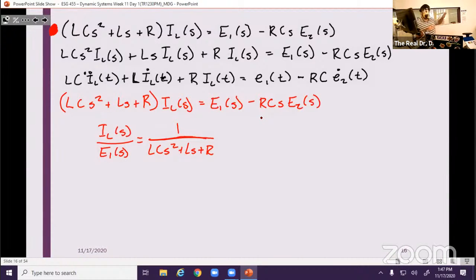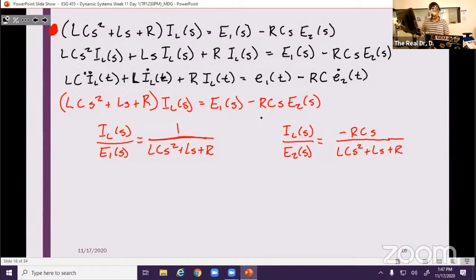Now, if I hold E1 as 0, I can find IL of S over E2 of S, which is negative RCS over LCS squared plus LS plus R. So before, at the beginning of class, when I said you want to keep your transfer functions in the general format, this is what I meant.